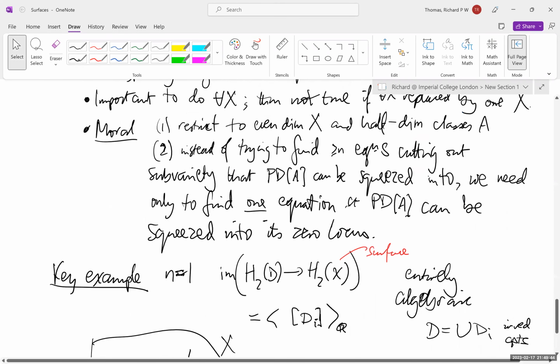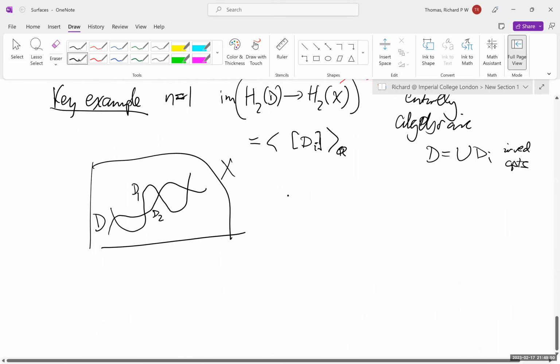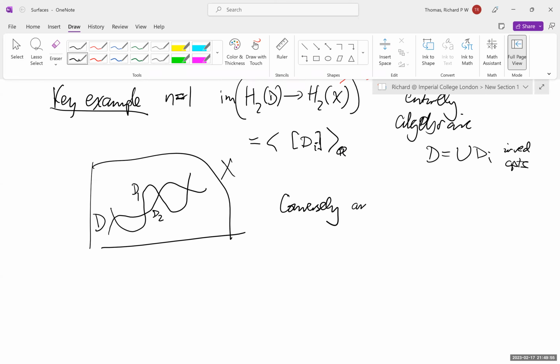Conversely, any smooth, oh no, you don't even need smooth. Okay, any curve, the Hodge conjecture in this dimension is only concerned with curves in my surface, or linear combinations of curves. So any algebraic curve in X is contained in a hypersurface.